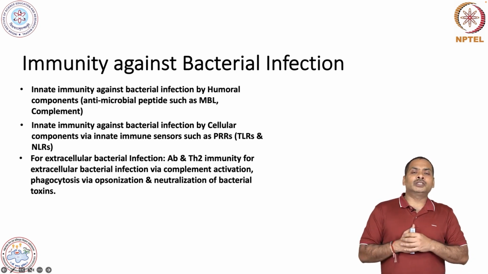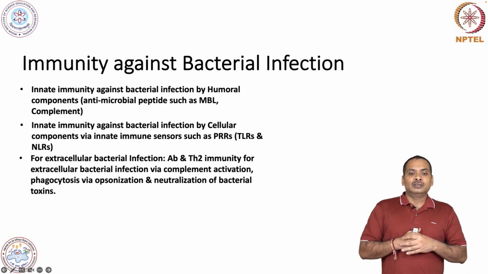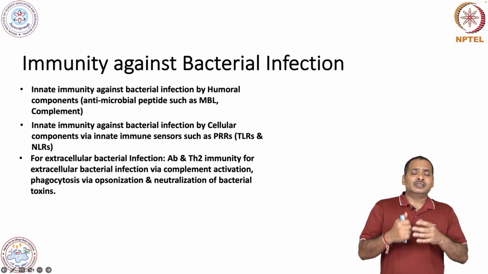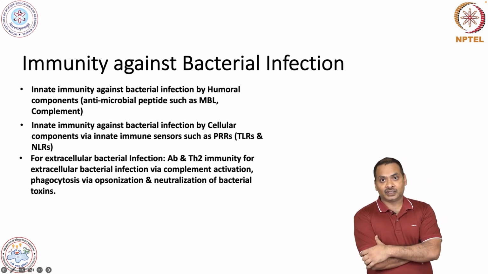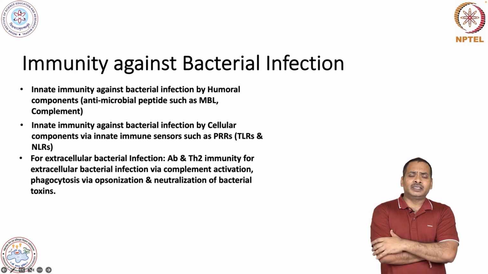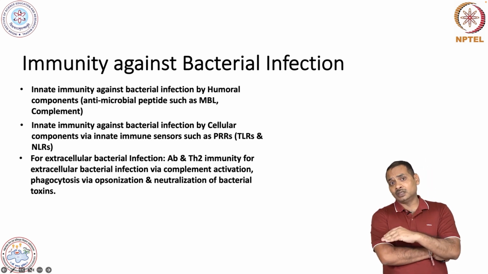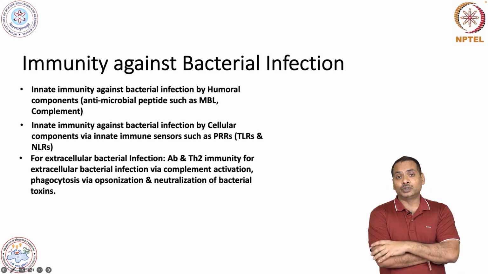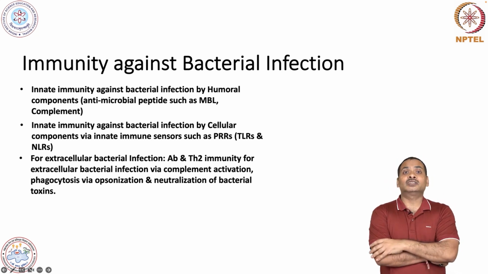Th2 plays a very important role in production of antibodies. So, in that way, the adaptive immunity works against the bacterial infection. And for extracellular bacteria, these antibodies are very important. For intracellular, Th1 is very important. For extracellular, Th2 immune responses are very important.